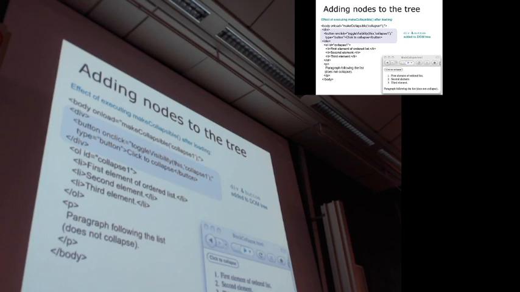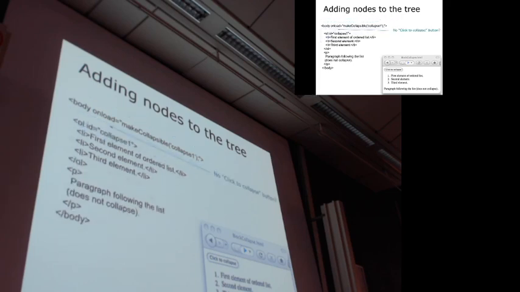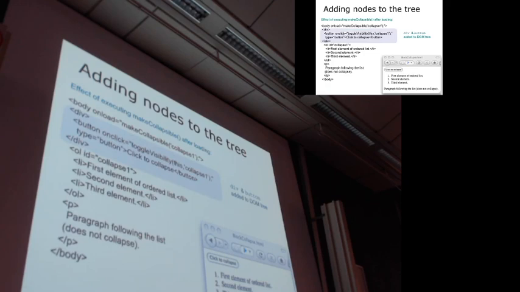So this is also something that is manipulated in the document tree, because when it initially was loaded, the tree looked like this, right? And then apparently when this function was called, the document tree was manipulated, and some div with the button was added before the ordered list.